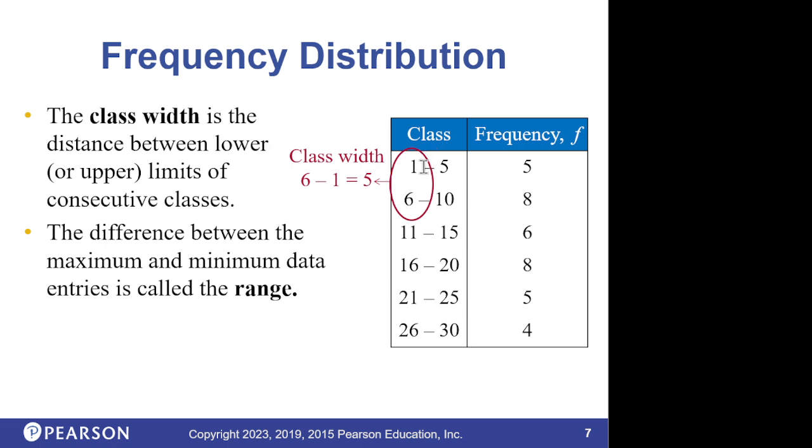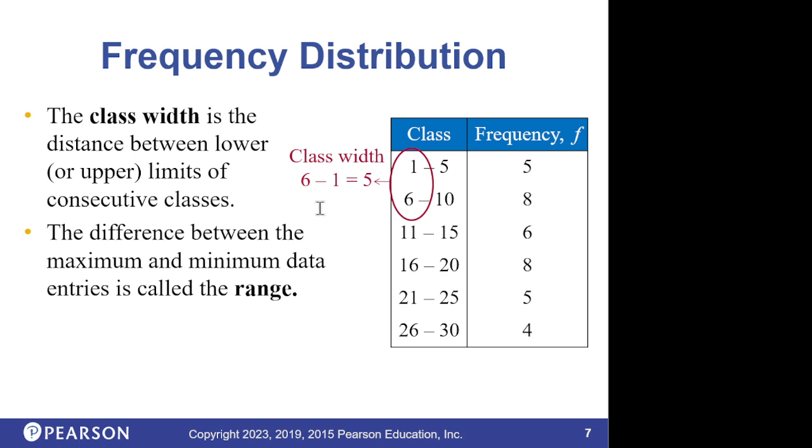So there's a distance of 5 between every position. Between the first and the second lower boundaries, there's a distance of 5, and everything has to be spaced by 5. The distance between 6 and 11 is 5. The difference between 11 and 16 is 5. And if we look at the upper boundaries, there's a distance of 5. Later on, when we construct the midpoint, the midpoints will be separated by 5.